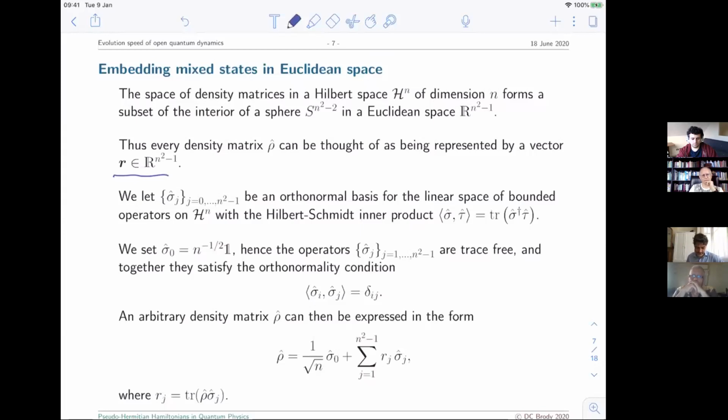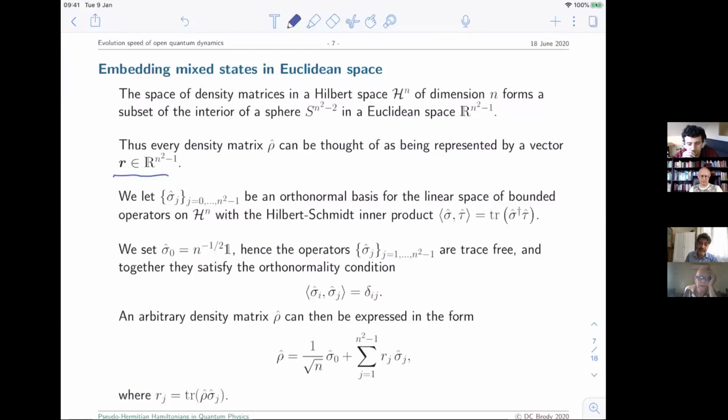So that intuition is completely fine. So we are going to work out the speed of the evolution of the density matrix in this Euclidean space. So it will be slightly different from the Hilbert space notion, because the notion of distance is now changed somewhat. And to study this, here's how we proceed.